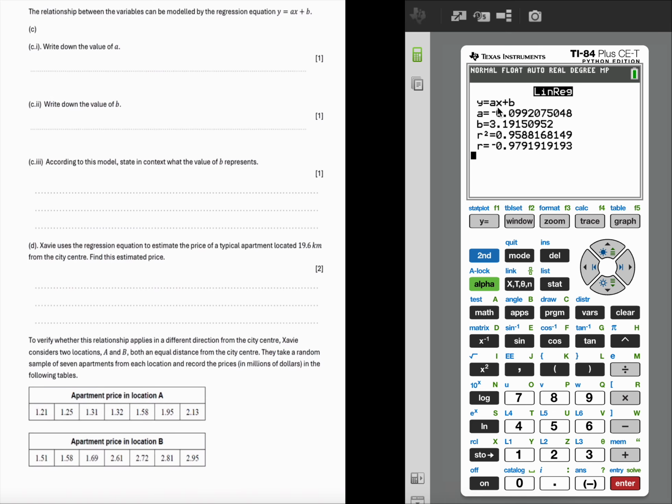I can check I've got the right one. The value of A is negative 0.0992 to 3 significant figures. And then the value of B, this one underneath here, is 3.19.